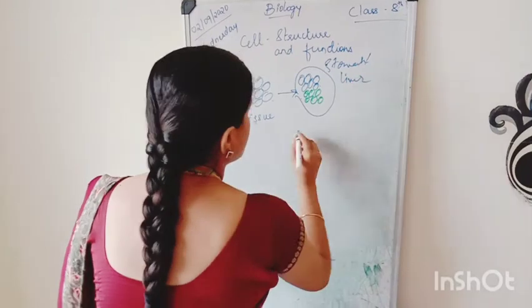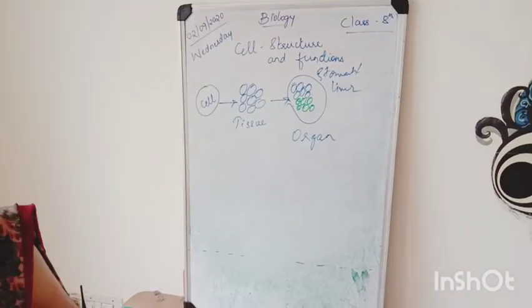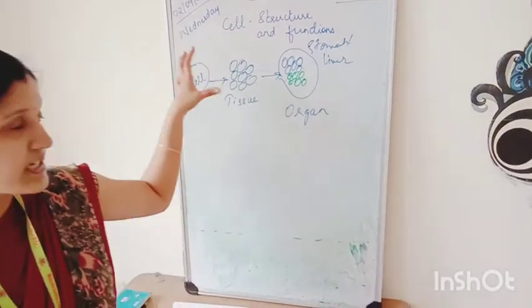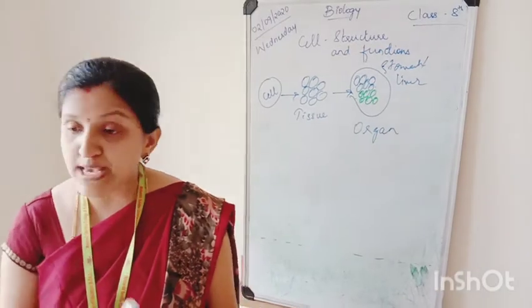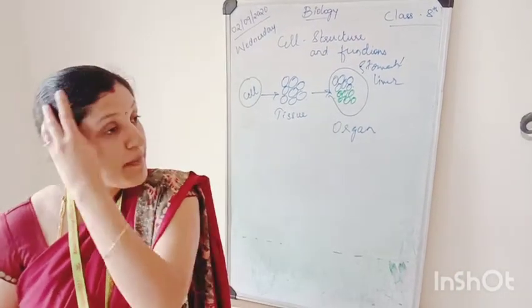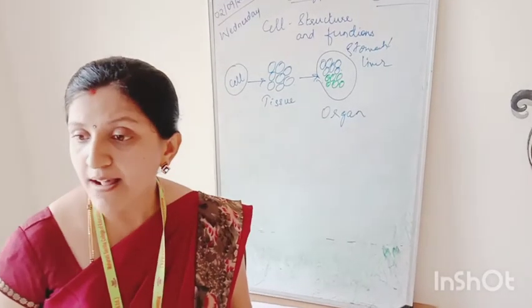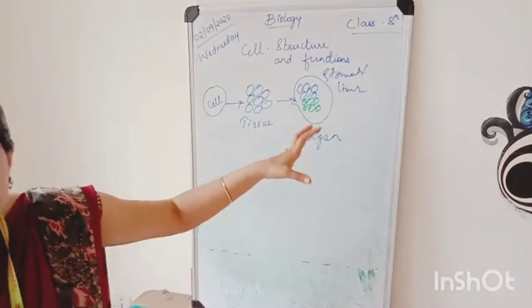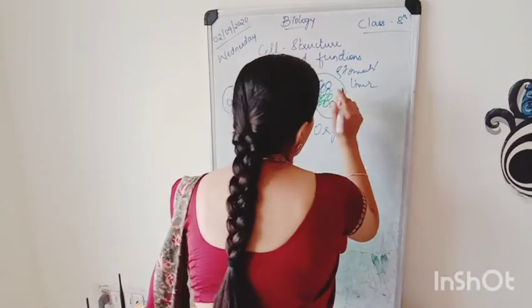Many different types of tissues will be present in it, not just one type. There are different types of tissues, epithelial tissue, and in plants there are different tissues, and in animals there are different tissues. Many such tissues combine together to form an organ.